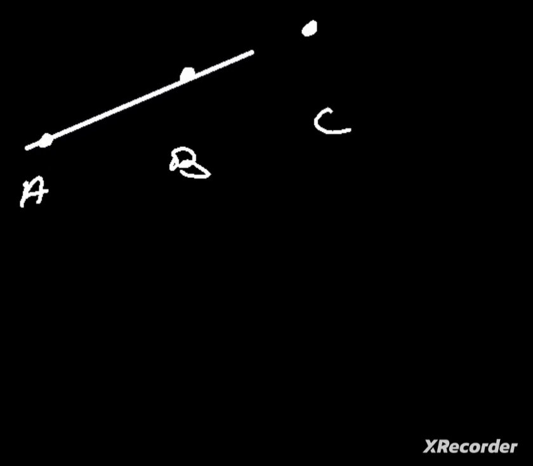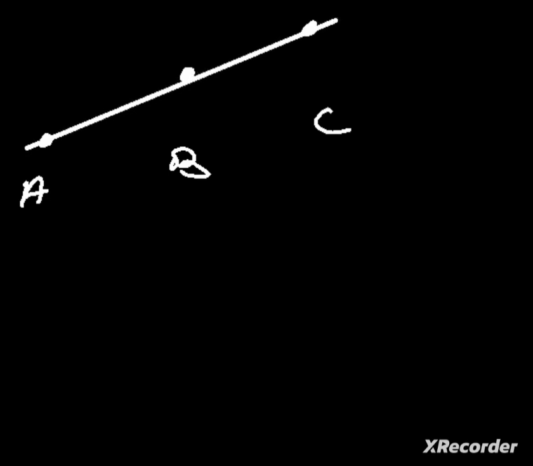Now let's say we have a point A, and a point B, and another point, point C. And assuming that the points are connected by a straight line in this case.